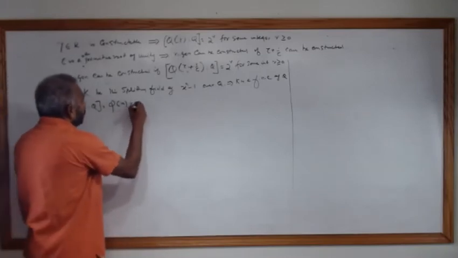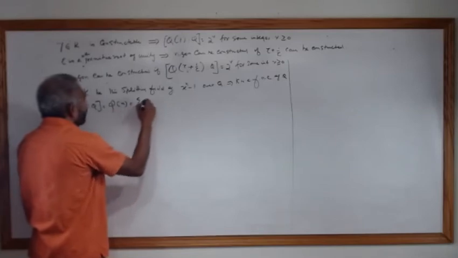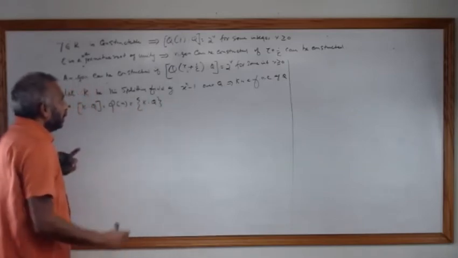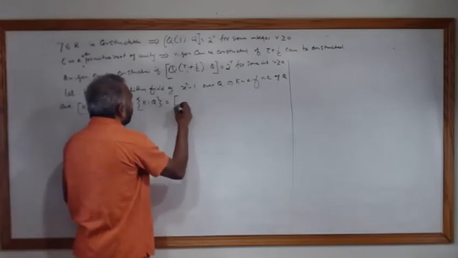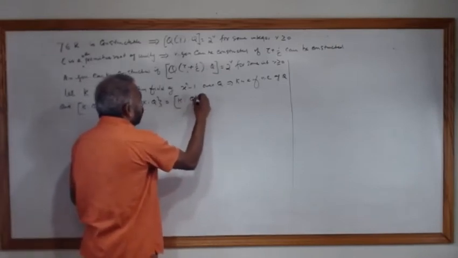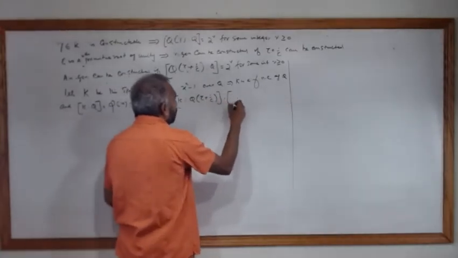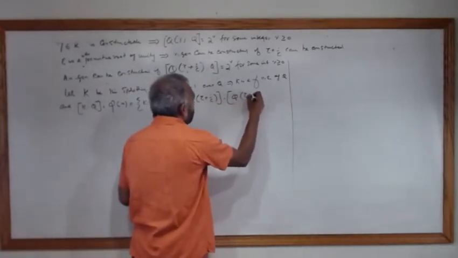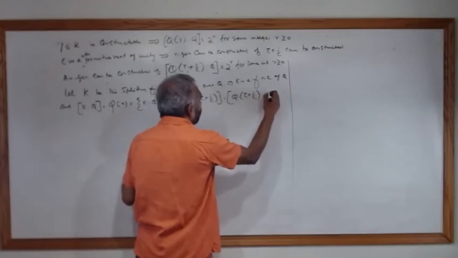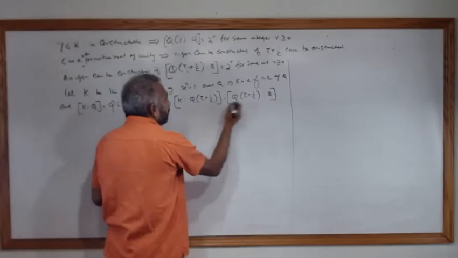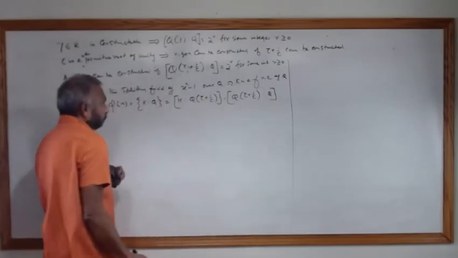And that is actually equal to the degree of K over Q(zeta plus 1 by zeta) times the degree of Q(zeta plus 1 by zeta) over Q, because this is in between K and Q.